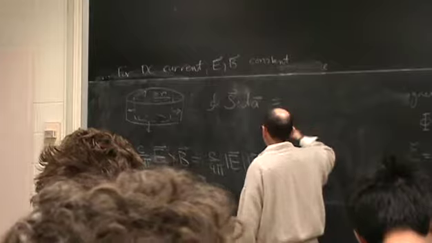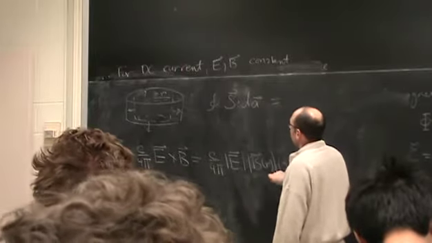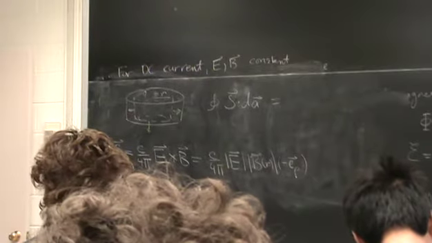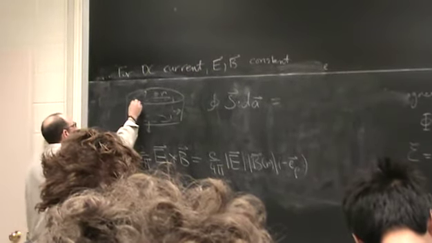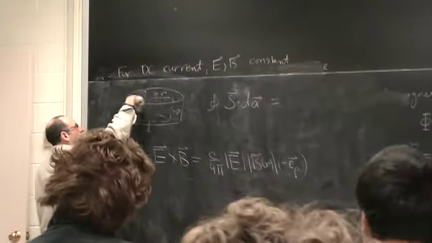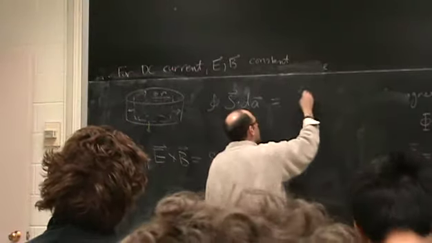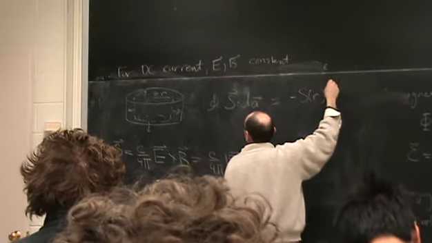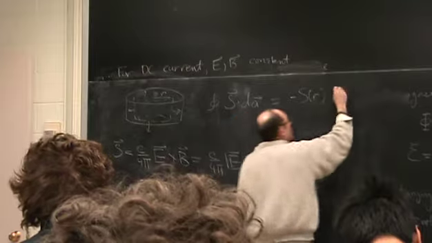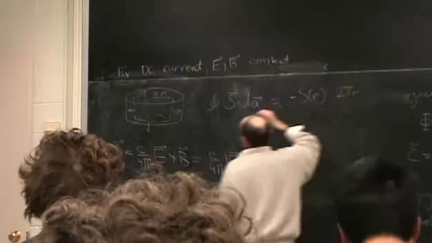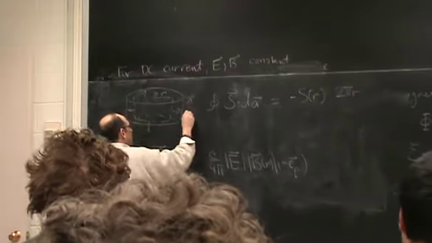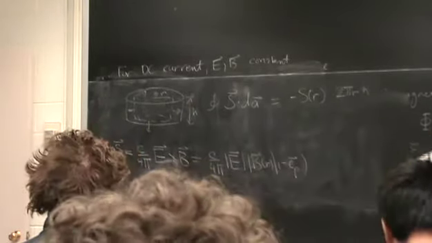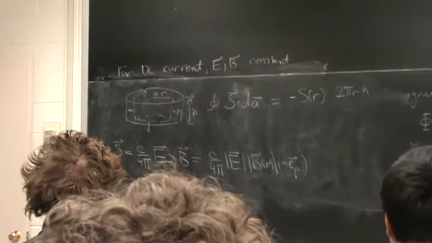So what we have then is what? The flux integral is going to be equal to S going into this volume, which is S only on the sides, and this is S at r times the area of the side, which is the perimeter of the side, times the height of this resistor. Okay?